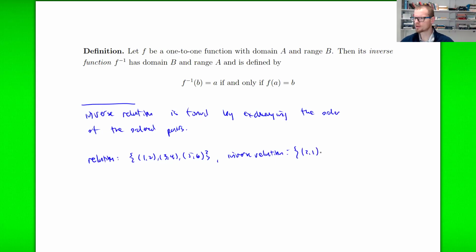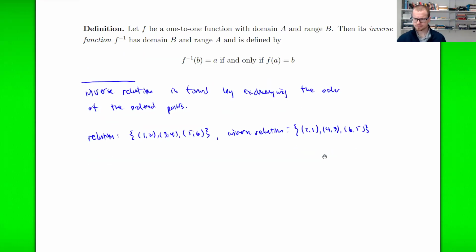So (2, 1), (4, 3), and (6, 5). I've simply exchanged the x and y coordinates from each of the ordered pairs. Now, this was a function, and the inverse relation here is also a function. So here's a function and an inverse function. So that's cool, right? We can take our conversation of relation, talk about inverses, and then again make that same restriction to is what we have a function.